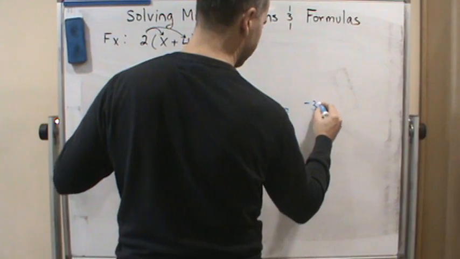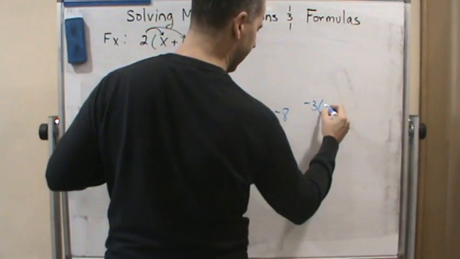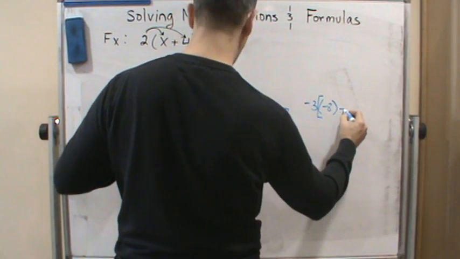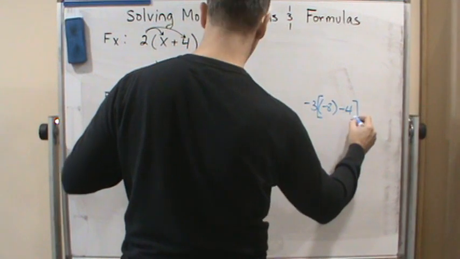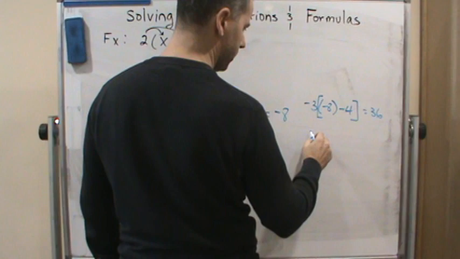And of course, I want to stick negative 8 back in. So if I get negative 3, and this becomes y minus 4, so I'm going to stick in negative 8. So negative 3 times (negative 8 minus 4) equals 36. Well, I'm going to do everything in the parentheses first, right?